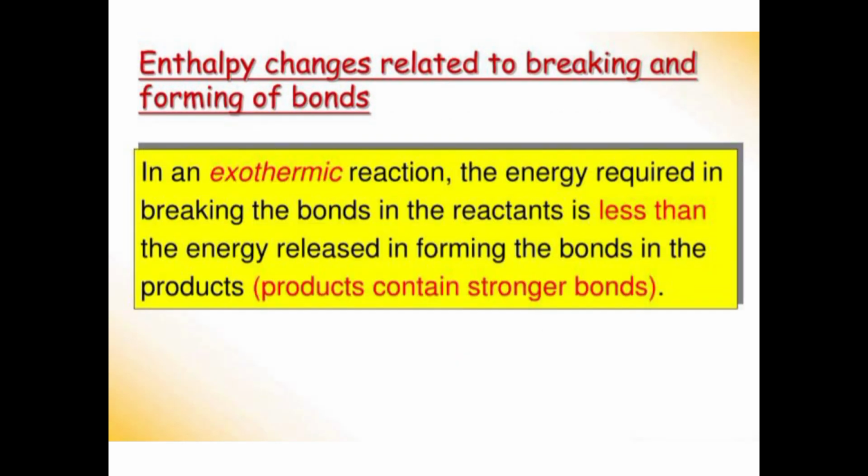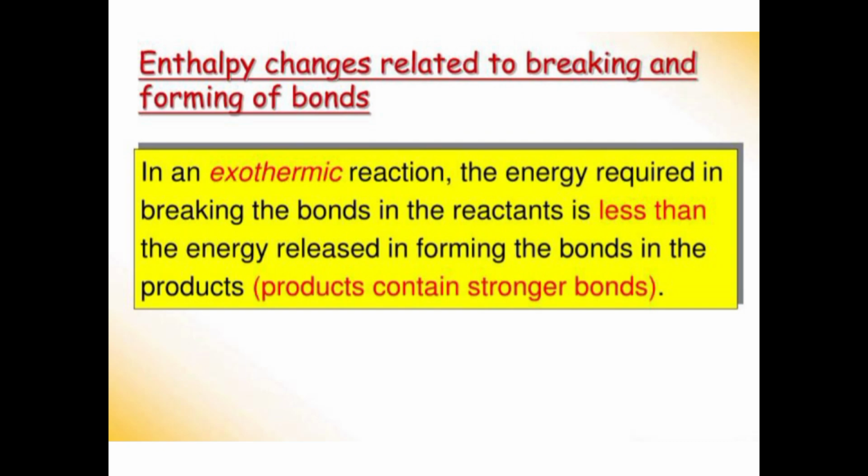Now, what's the implication of this? In a typical exothermic reaction, the energy that is required in breaking the bonds in the reactant is less than the energy released in forming the bonds. What do we mean by that?